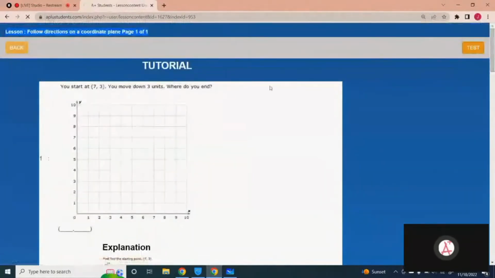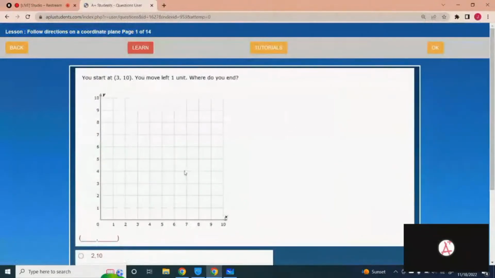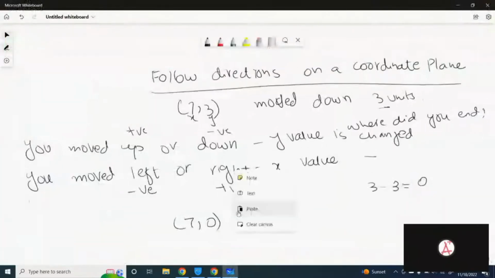Let me start with the test because it is too small. Okay, the next one is you started at 3, 10. Please note down these very important points in your notebook.